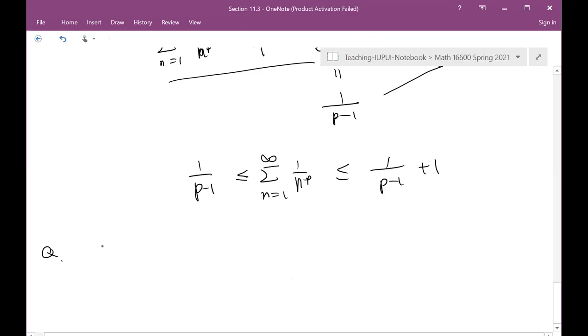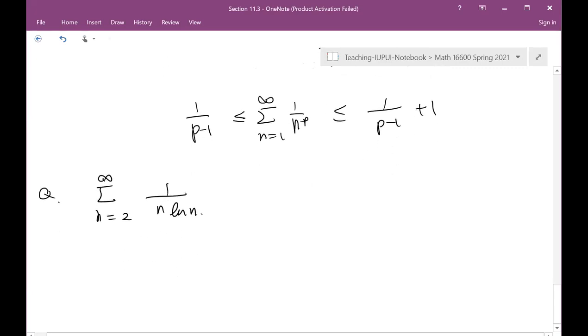Now let's take a look at the following example. We're not sure whether this is convergent or divergent, but what we know is this one is divergent.